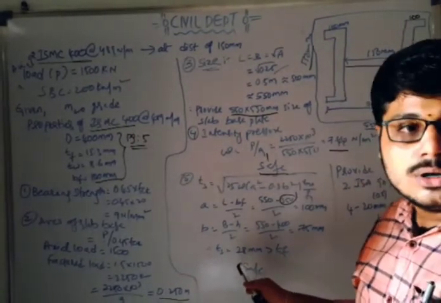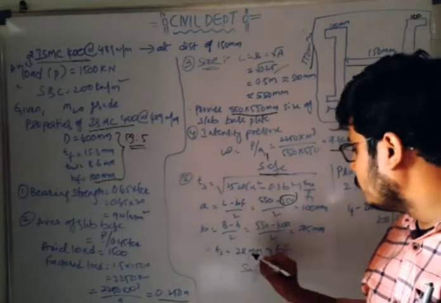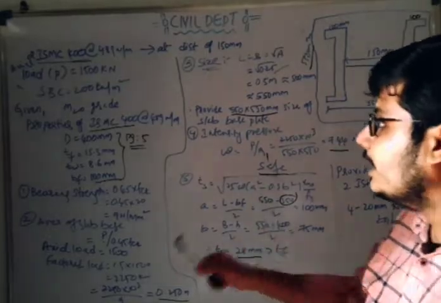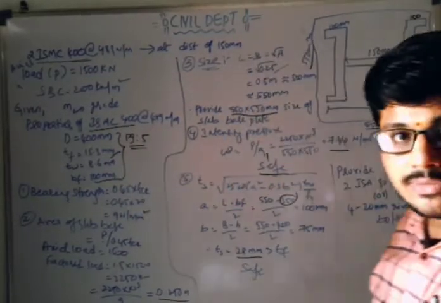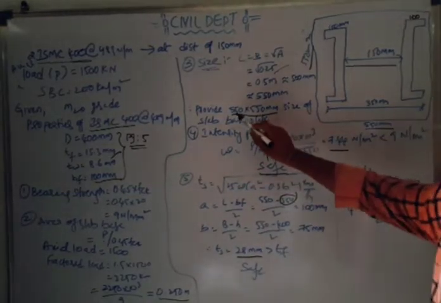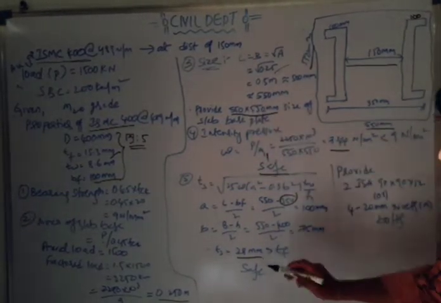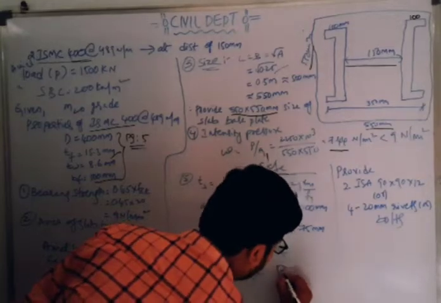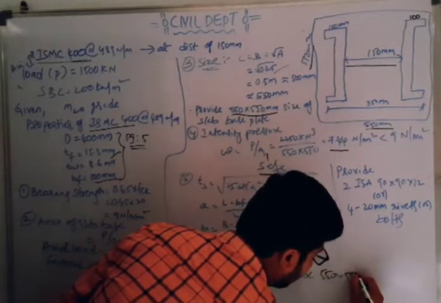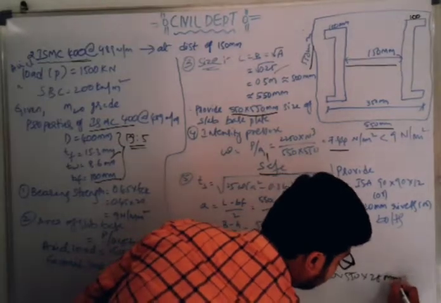Substituting, we get some 27 point something value. I have taken the round figure of 28 mm, which is greater than TF. So we provide a slab base plate of 550 by 550 by 28 mm size.